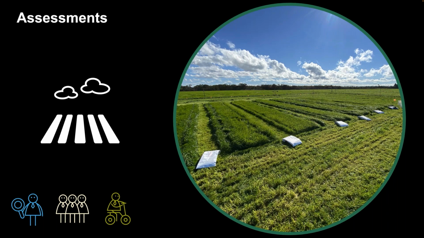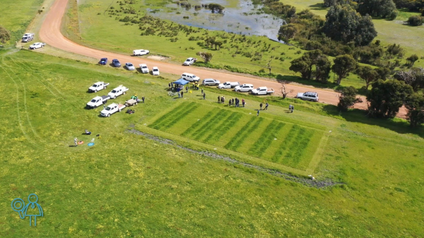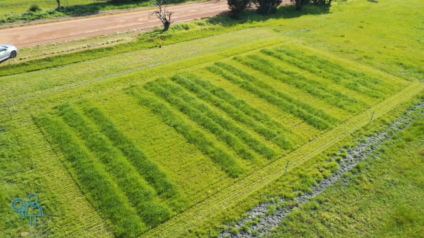But there's some visual elements in the program that really pique a lot of interest from growers. So here you can see one particular trial that was conducted in the Peel Harvey catchment last year, and you can see some very, very visual responses to some of the treatments here. But what I want to do is focus in on 3 treatments here.